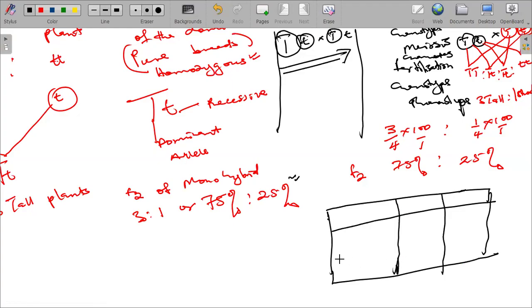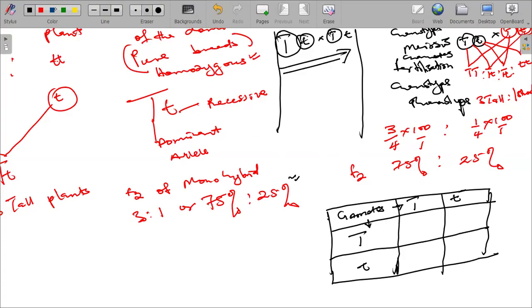So I'm going to show you now: we have our T and our small t there. These are the gametes, male and female.